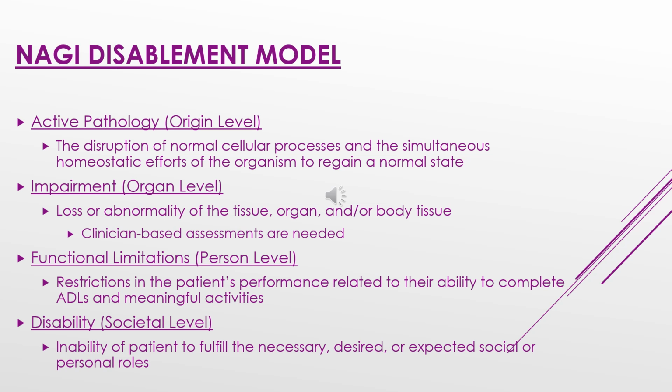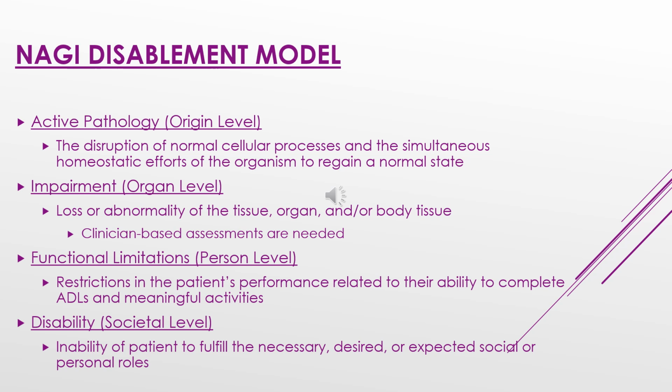Functional limitations that result happen on the personal level. Whatever restrictions a patient has to place on themselves or the restrictions that you or some other healthcare provider has to place on that patient change what they can do. If they change their activities of daily living, for an athlete, this would be participating in their sports, right? That is exercise that they normally have as their activity of daily living.